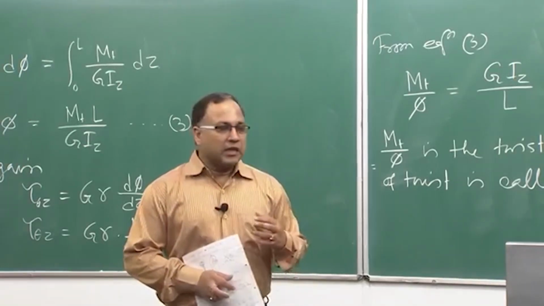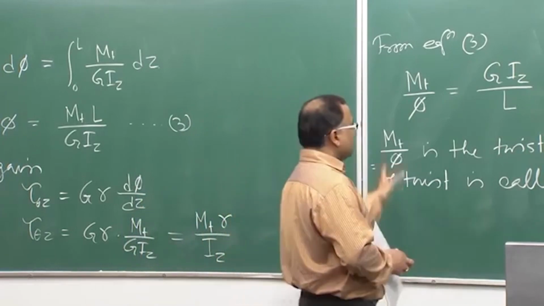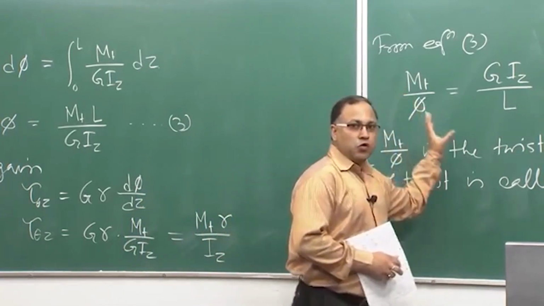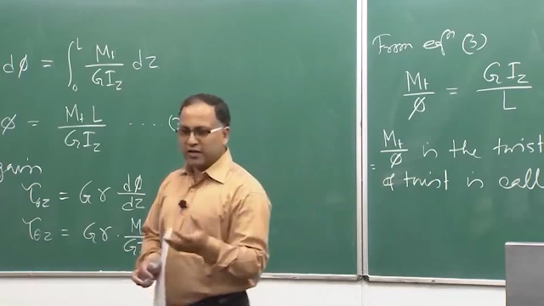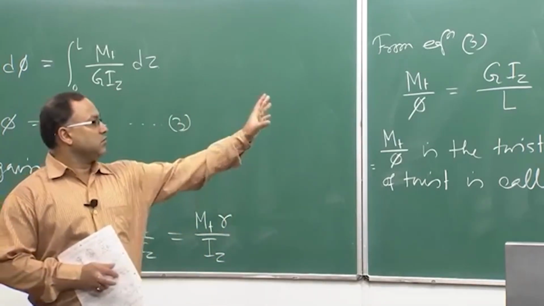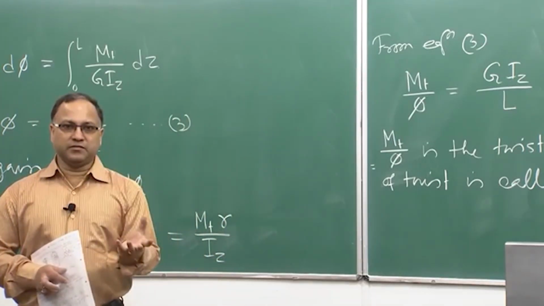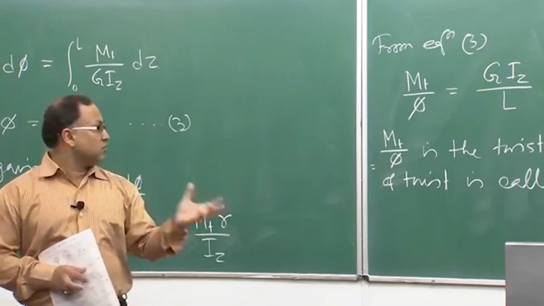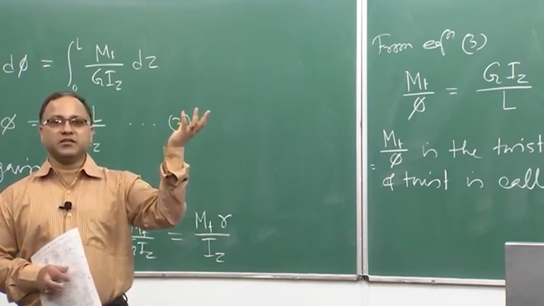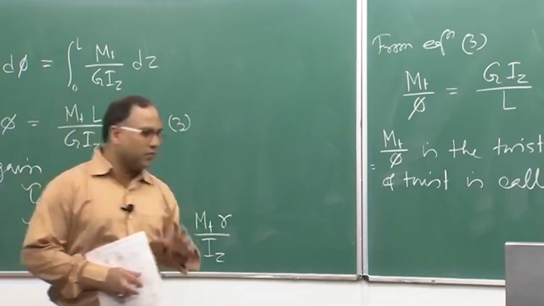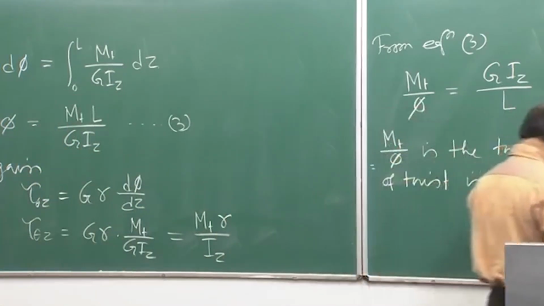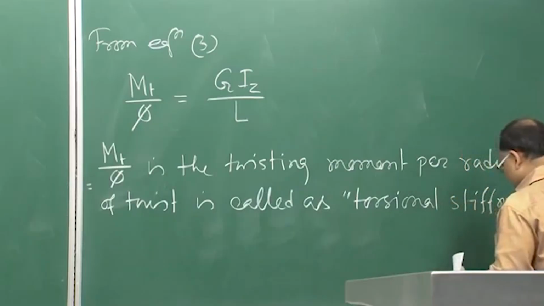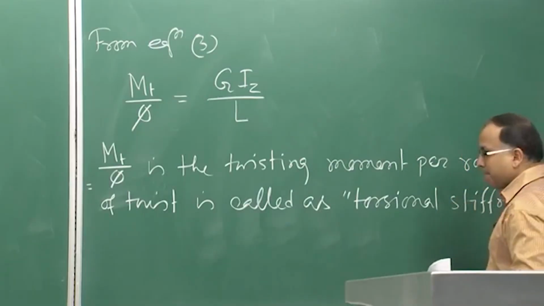Then your torsional stiffness will depend directly on your polar moment of inertia Iz. If you increase the polar moment of inertia, your torsional stiffness will also increase. Fine. Now we will look at the torsion in hollow circular shaft.